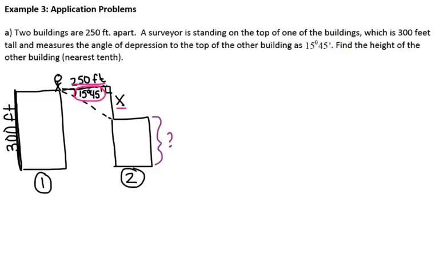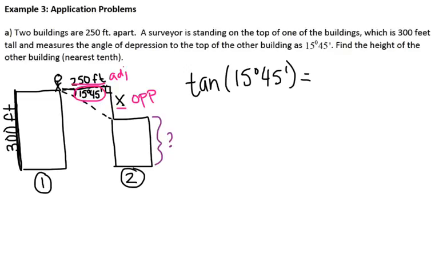So using our right triangle, we have this angle and these two sides. We want to see how those two sides relate to that given angle. So your x is your opposite, your 250 is your adjacent. So opposite and adjacent means I'm using tangent. So I'm doing tangent of 15 degrees 45 minutes equals opposite over adjacent.